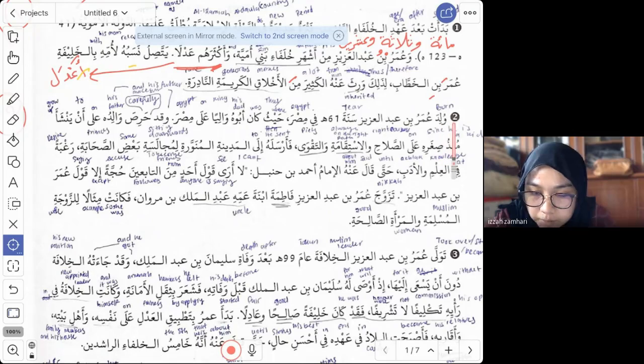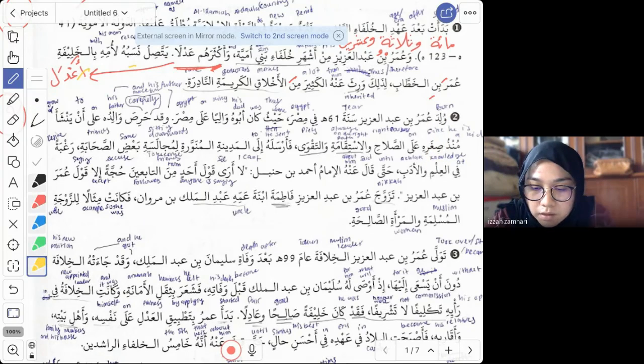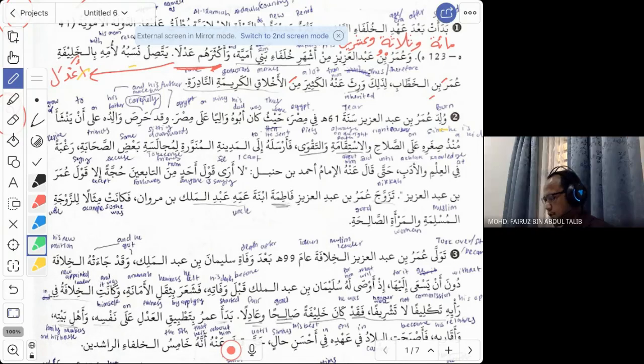Okay, second paragraph. Wulida means born. Umar bin Abdul Aziz. Sanata means year. Read first.